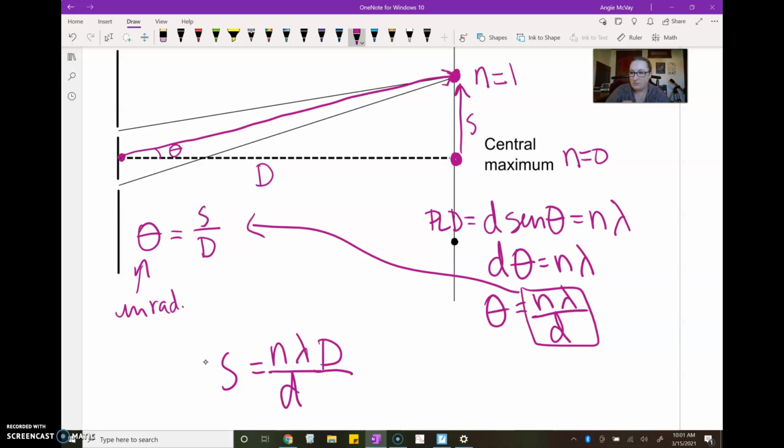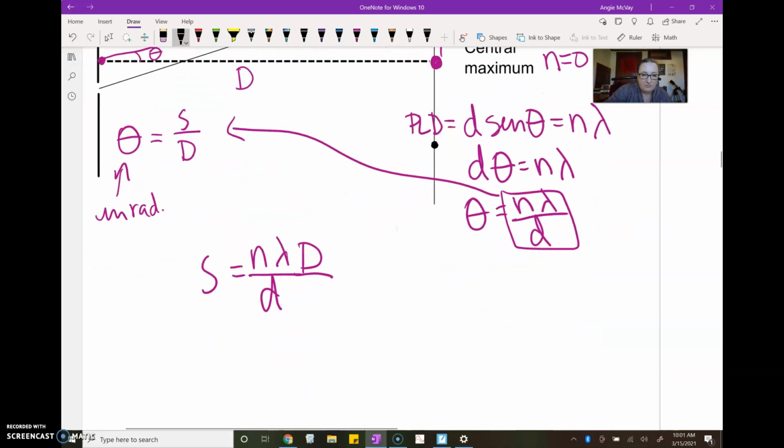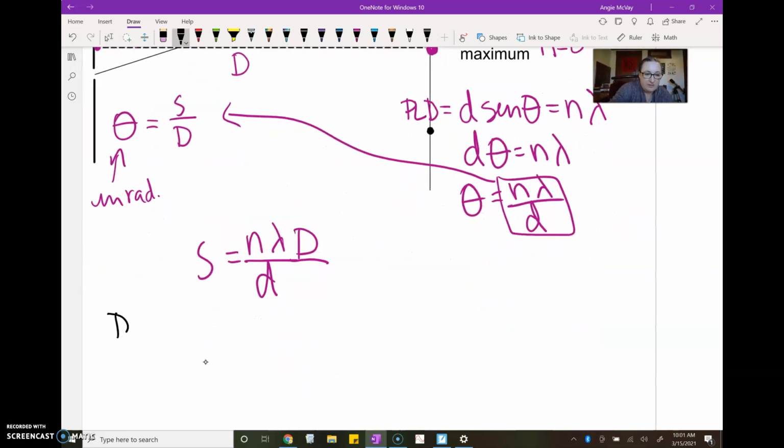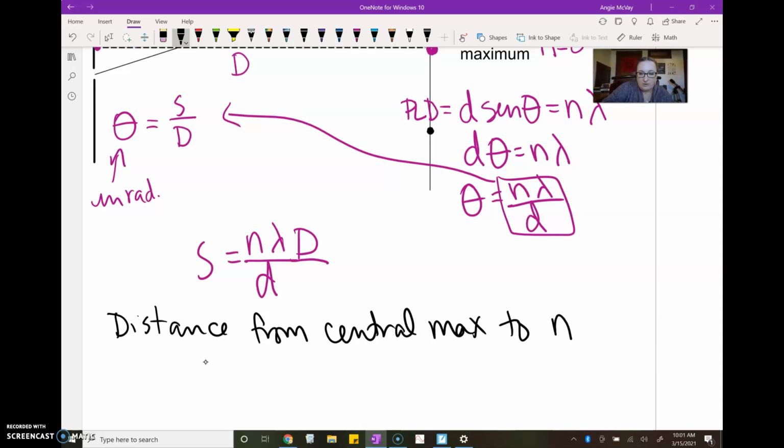This equation is for distance from central maximum to nth maximum.